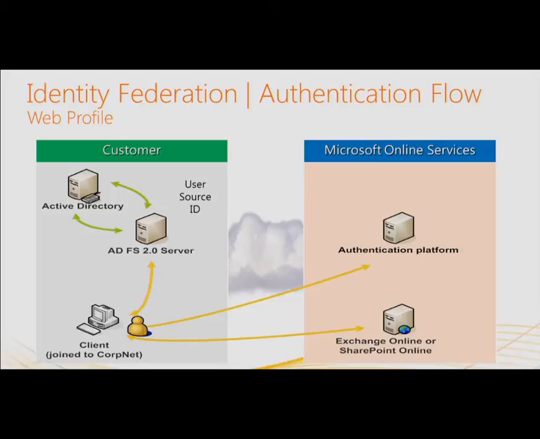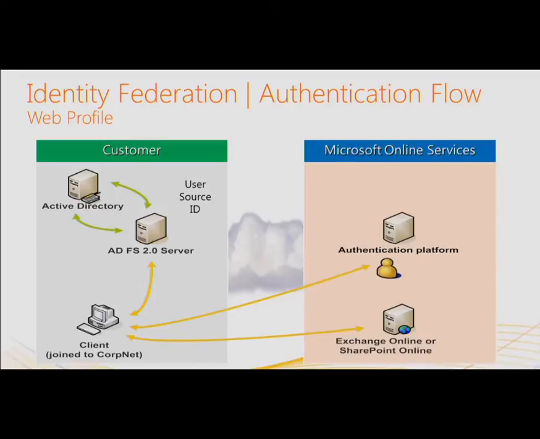I want to connect to Exchange Online or SharePoint Online. When the user tries to connect to one of these services, or better, the services that are provided with Office 365, the Office 365 authentication system will redirect the user to our authentication platform. So we will have something like this.